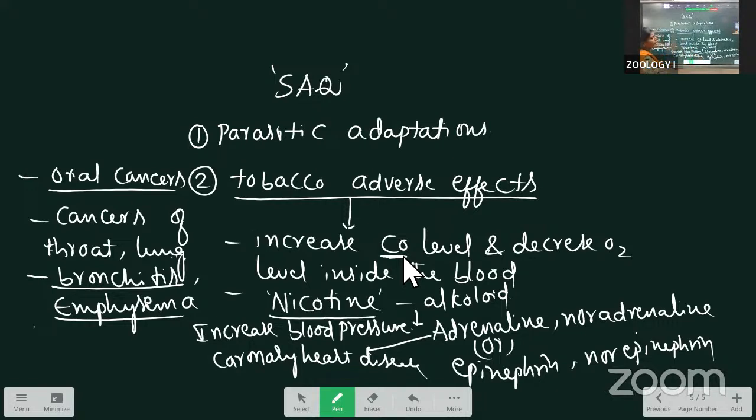That adrenal gland stimulates the adrenaline and noradrenaline hormones. These hormones increase the blood pressure and cause coronary heart diseases, and sometimes they also cause gastric ulcers.